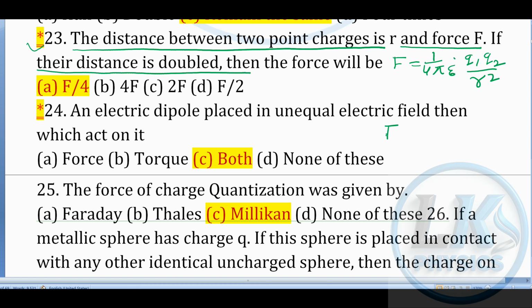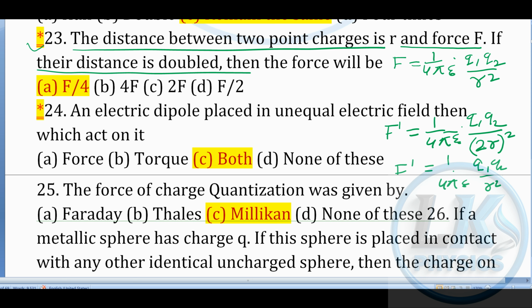For the next condition, F dash equals 1 upon 4 pi epsilon naught, q1 q2, and the distance is doubled, so it is written as 2r whole square. If we solve it, we get F dash equals 1 upon 4 pi epsilon naught, q1 q2 upon r square, and if we square 2, then we get 1 upon 4. Hence, the force will be F upon 4.